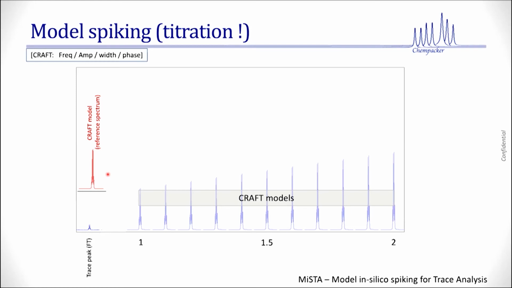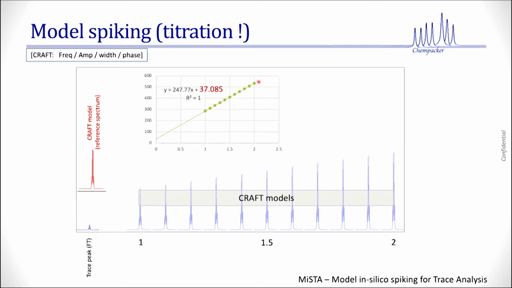It could be from one peak in a messy set of peaks. I just happen to find that peak in my reference sample. So I can add a model or set of models that belongs to that trace peak and then do this experiment. So if I do this, I can do these graph models.